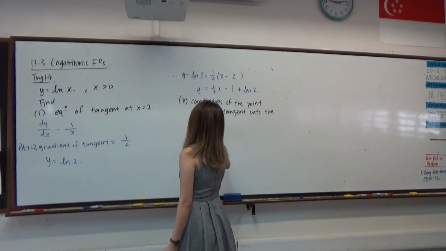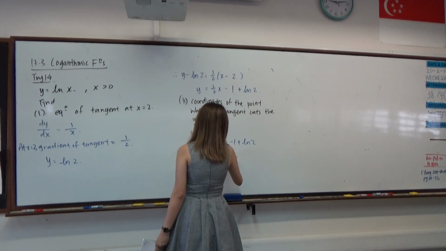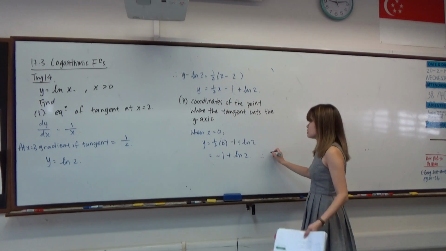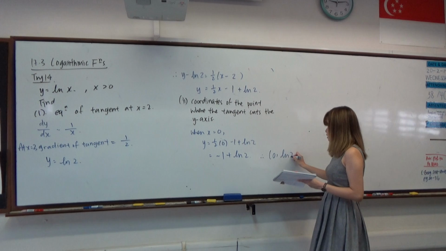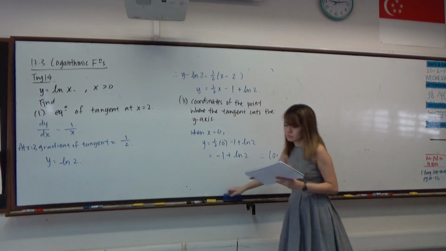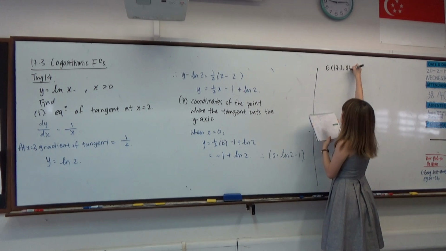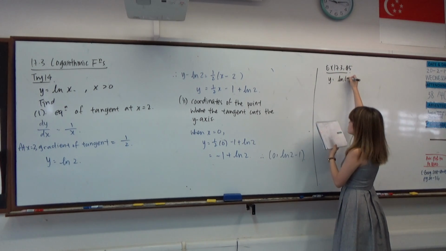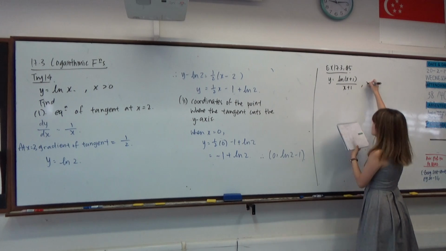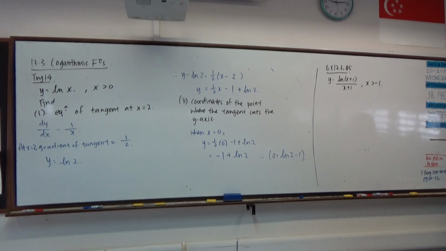So when x equals 0, the point will be (0, ln 2 minus 1).